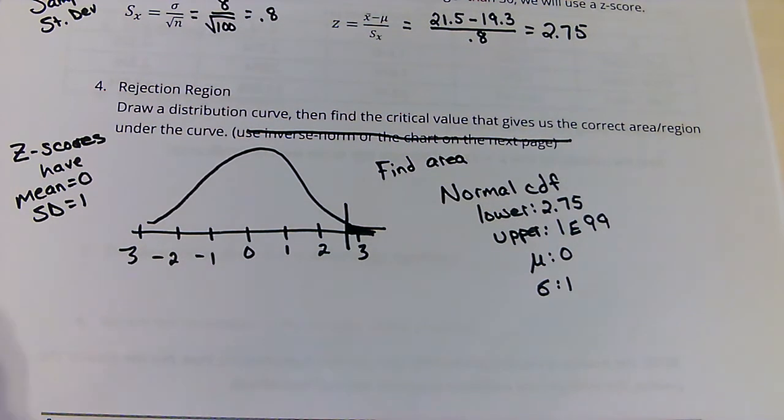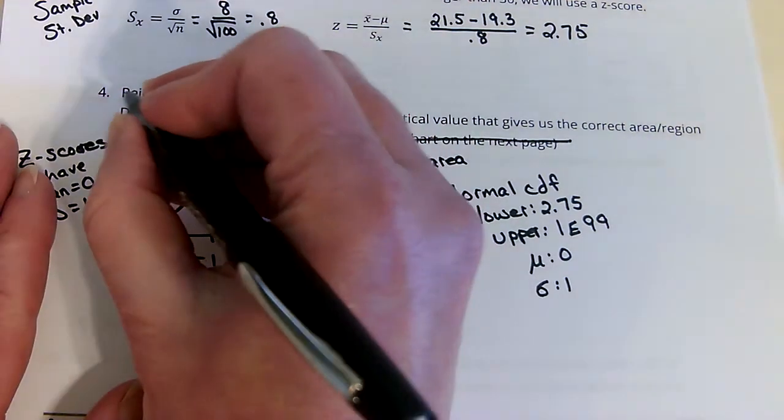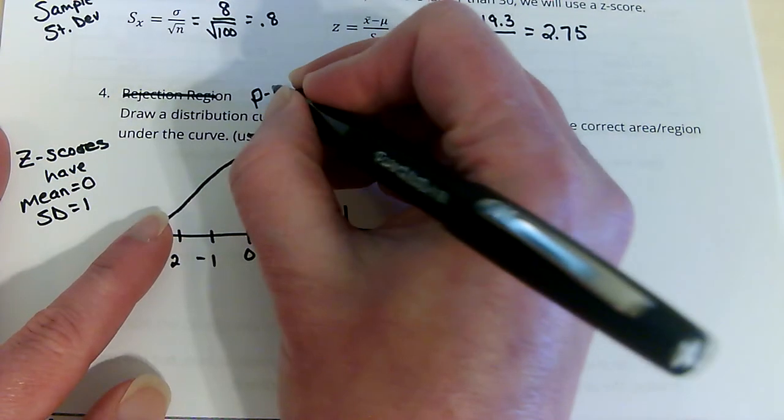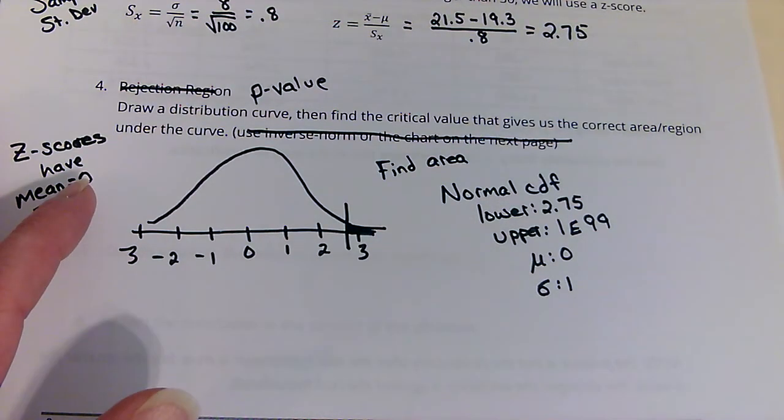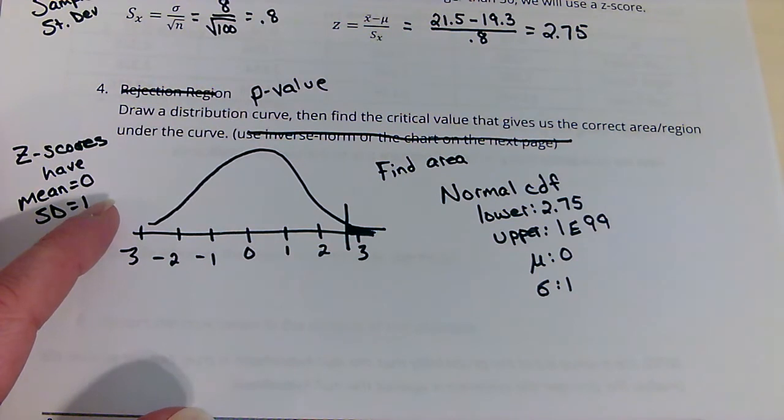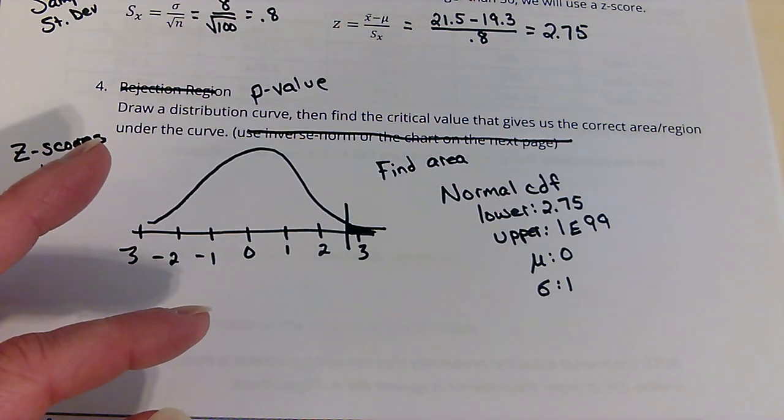So I say rejection region. We're actually going to find the p-value. So I should change this. We're actually finding the p-value. This is not really the rejection method. This is actually the p-value method.